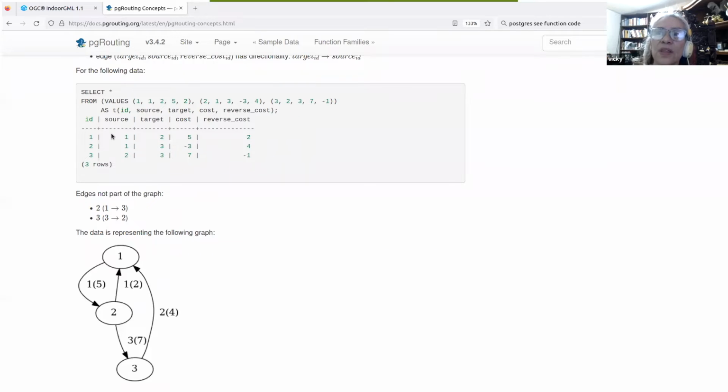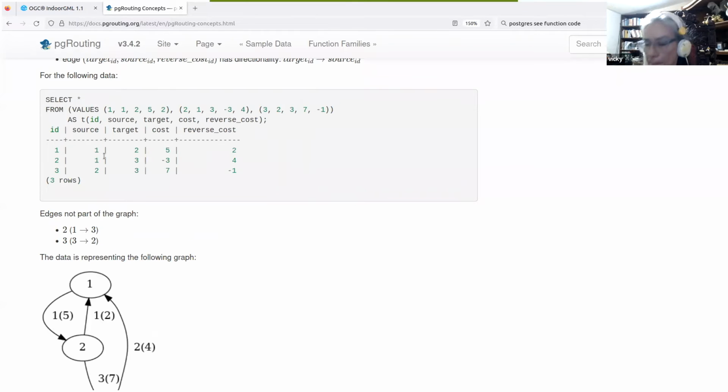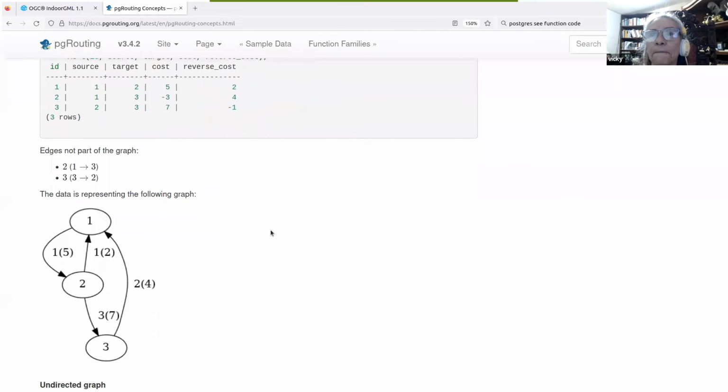So let's see with this data. Let's see. What is going on? We're going to have an edge with identifier 1 that is going from 1 to 2 with cost 5, which would be this first edge.